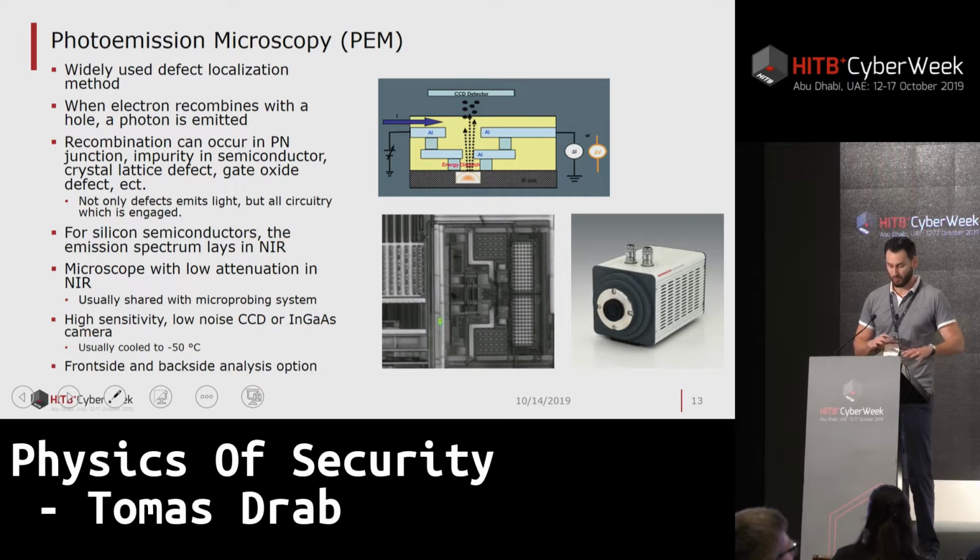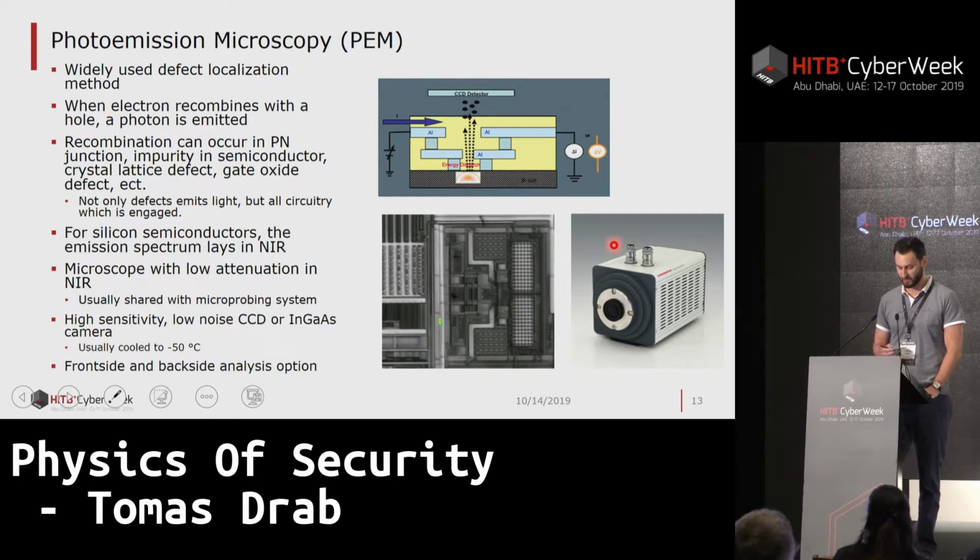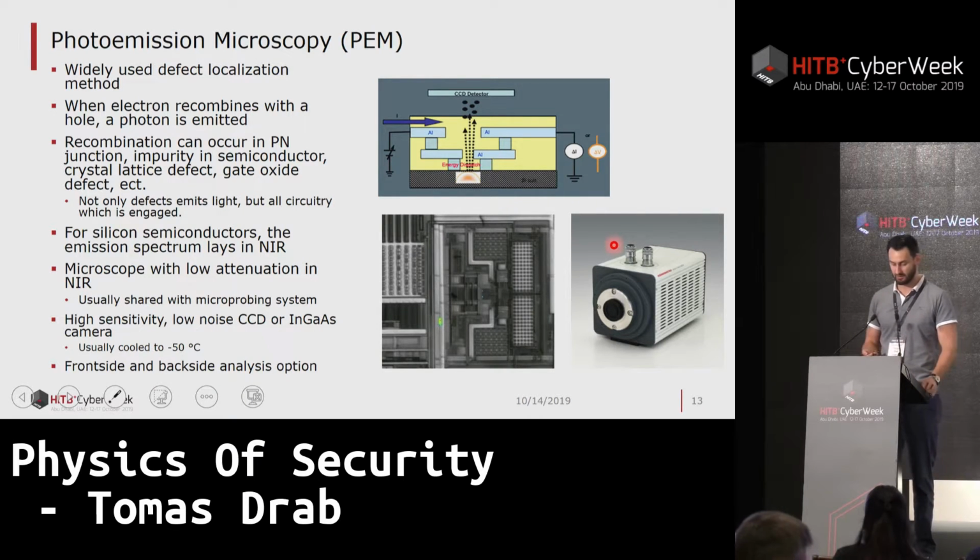But if you have proper tools, like a super fancy camera with a cooled chip, usually not only silicon-based but indium gallium arsenide, for example, which can detect infrared light much better, you can see the current flowing through the diodes and transistors.